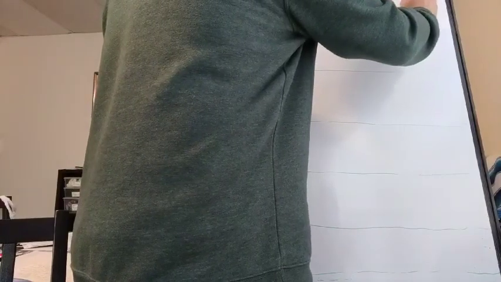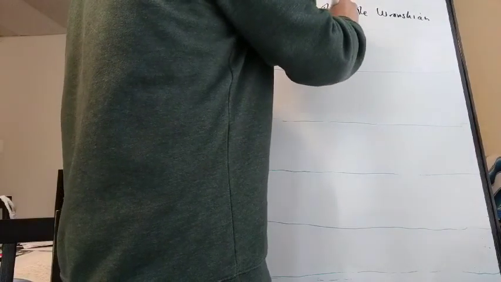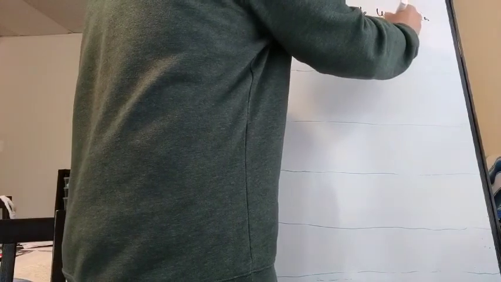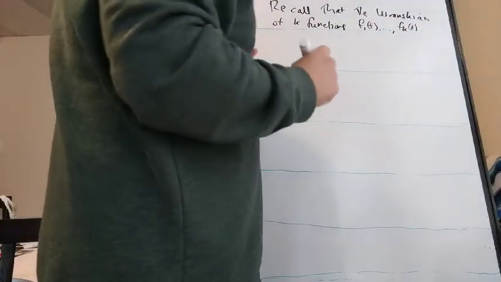So recall that the Wronskian of k functions, let's call them f1 of t through fk of t, gives us information about whether these functions are linearly independent.